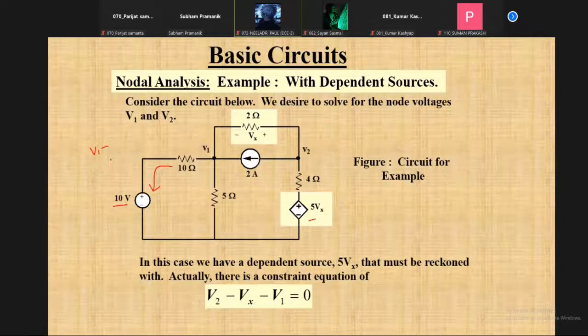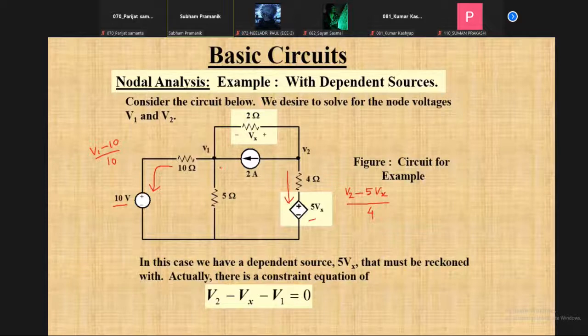Yes. Similarly, what is the current through this branch? V2 minus 5Vx divided by 4. Exactly. In this case, the straightforward method is more suitable. It's better to avoid the confusion.